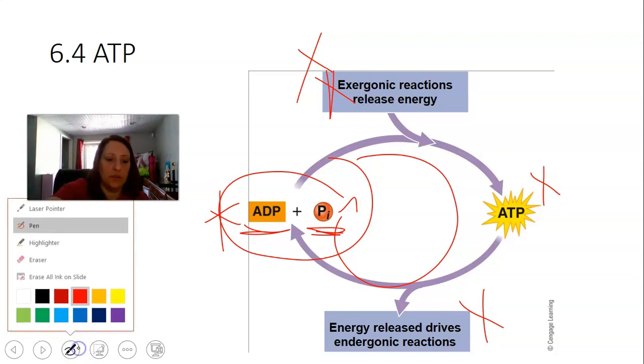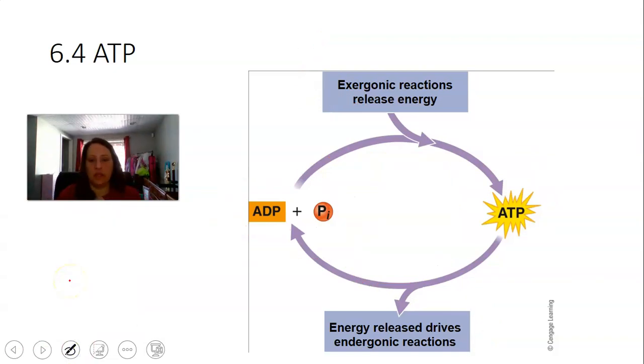So again, ATP is a small molecule made up of adenosine with 3 phosphate groups. That terminal phosphate will come off to donate energy. It will be put back on through energy releasing processes.